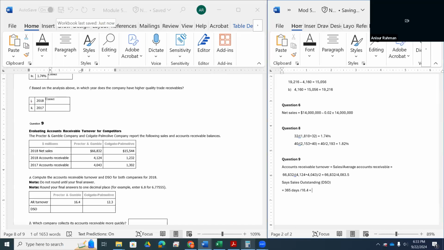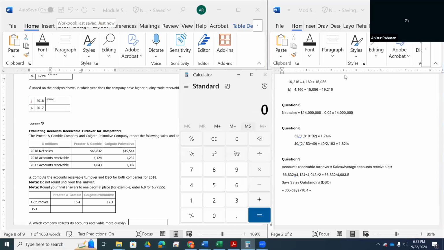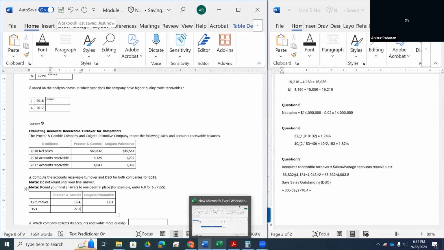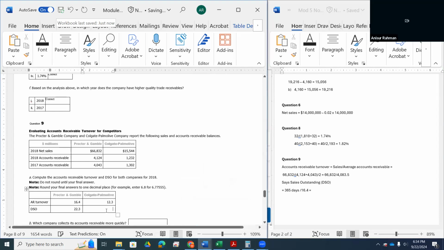And we will get 22.3. Following the same process, for Colgate-Palmolive, we'll get 29.7.